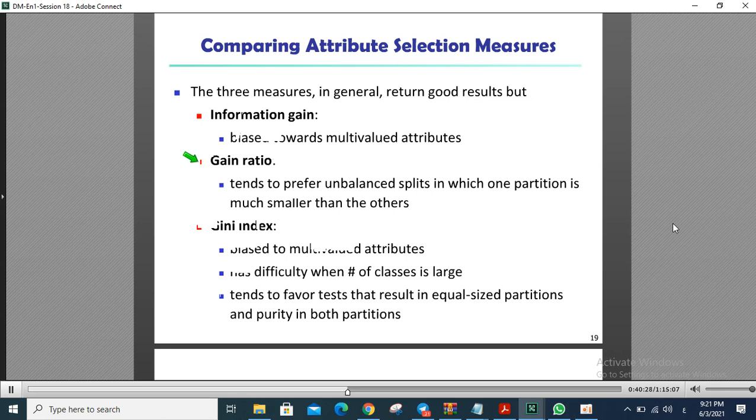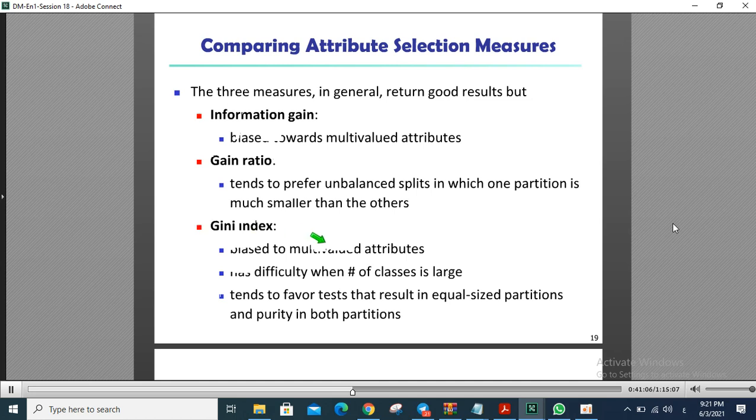Okay, one more time. The disadvantage of information gain is that this measure is biased toward multi-valued attributes. The disadvantage of gain ratio is that this measure tends to use unbalanced splits. A majority class and a minority class.